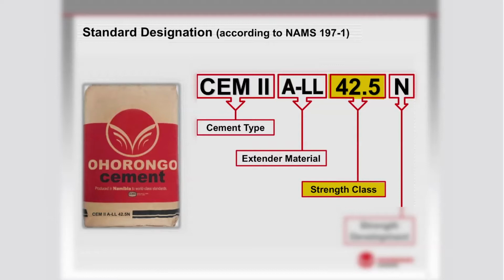This strength class is limited to a maximum compressive strength of 62.5 MPa. The N refers to the normal strength of the cement. Please note that the indicators refer to the cement itself only and not to the strength of the concrete mixture.